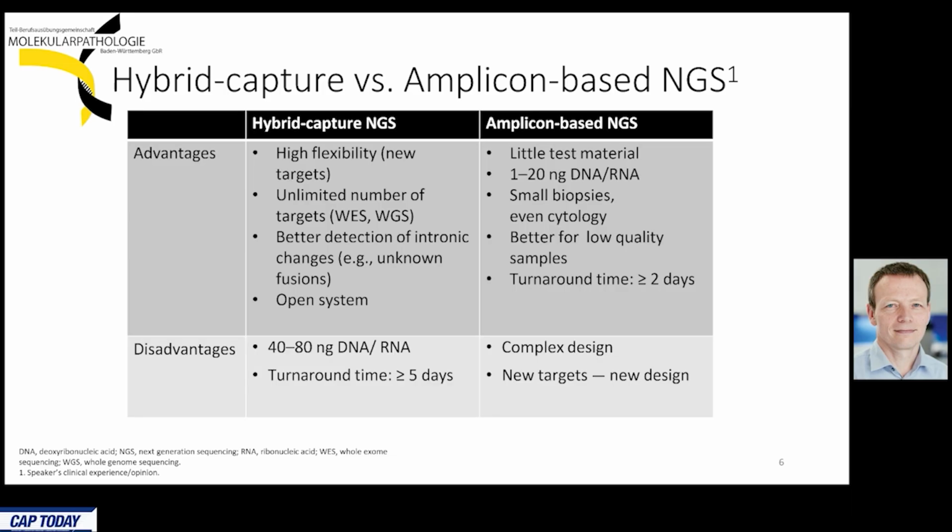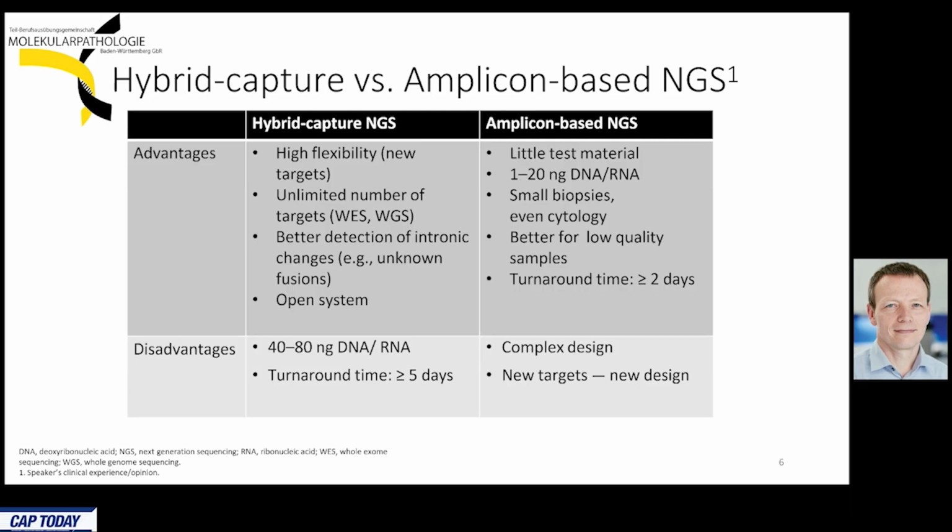And this is an open system. The limitation of the hybrid capture method is the relatively high need for input DNA, 40 to 80 nanograms. And the turnaround time of the classical hybrid capture workflows is not less than 5 days.